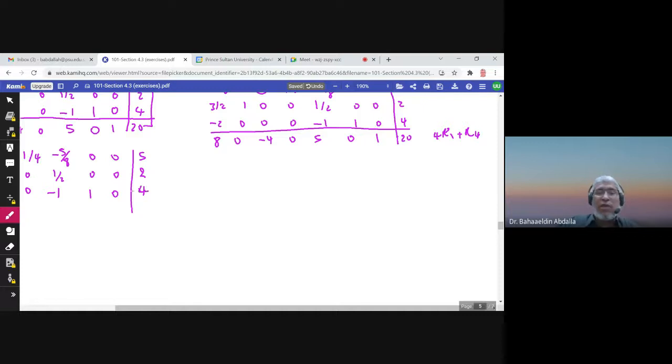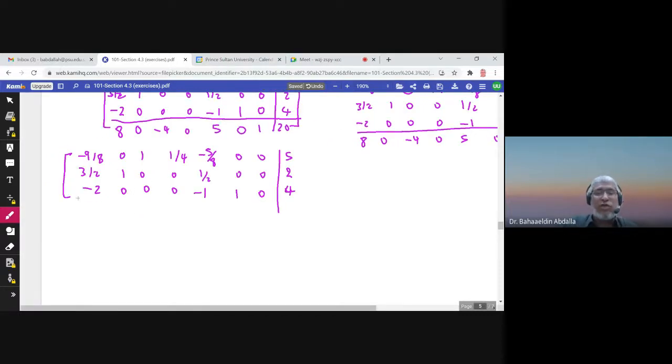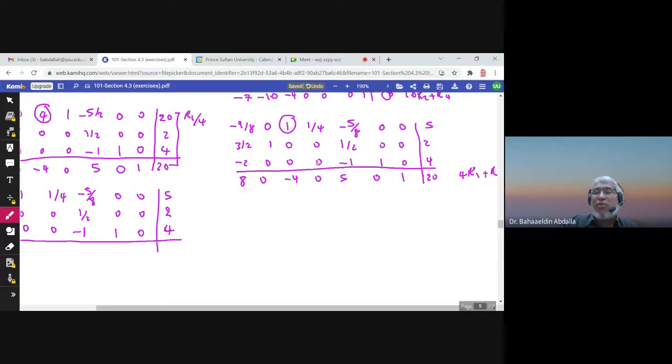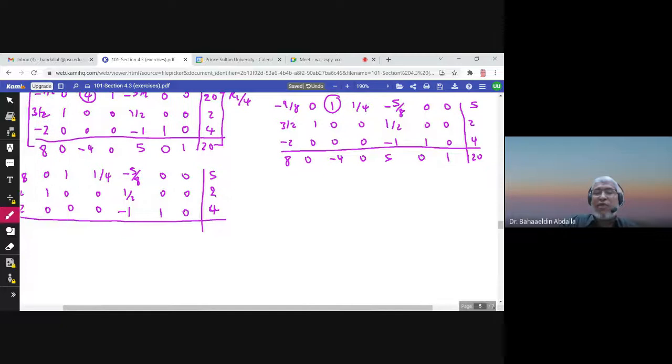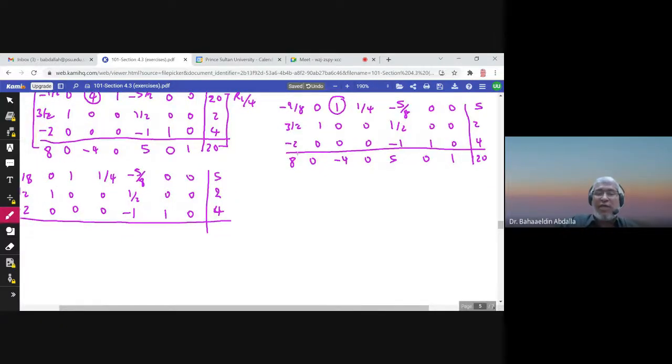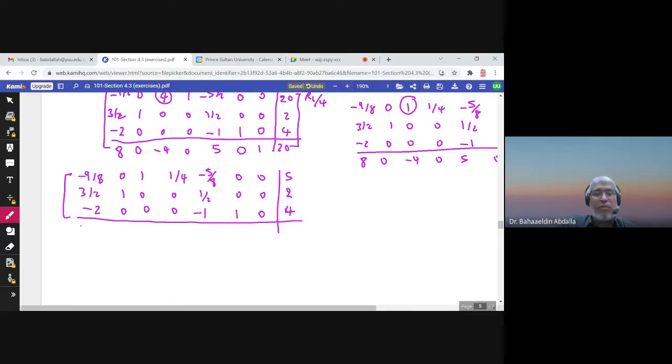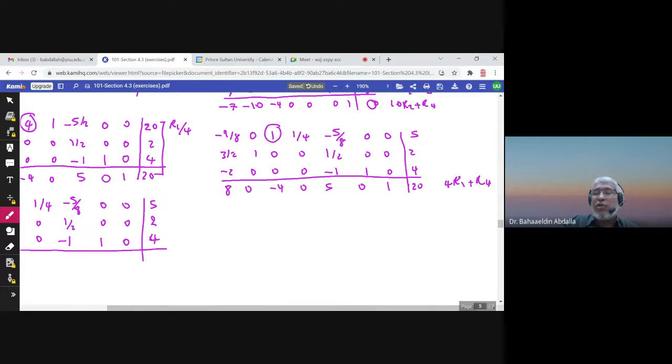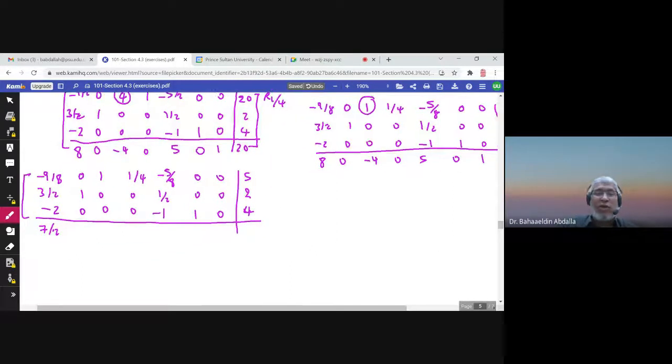And only the last row will be changed, the objective function. So we multiply by 4 and add. 4 times negative 9 over 8, that's negative 9 over 2. We add it to 8, we get 7 over 2. We are using row 1. So we have 0 here, we will have 0 here, 0 here, no change, no change.